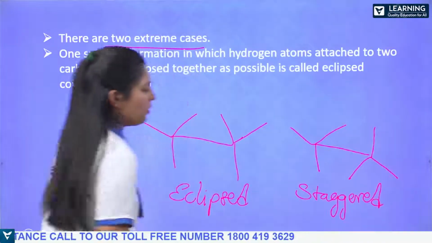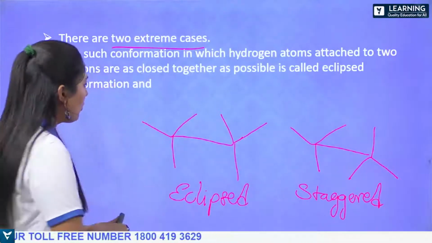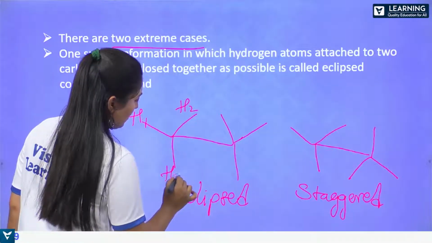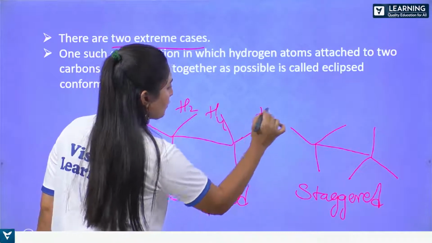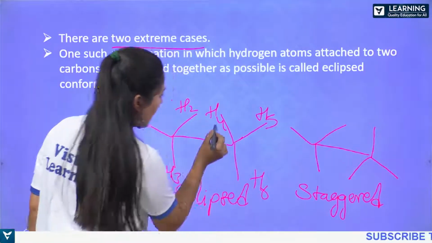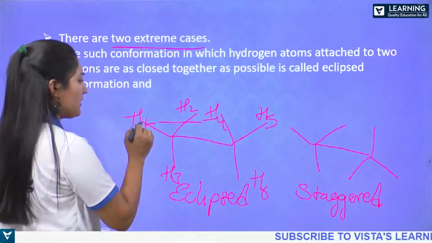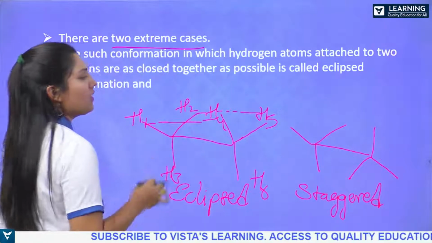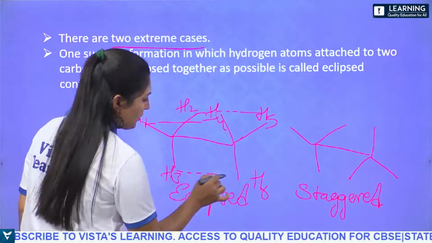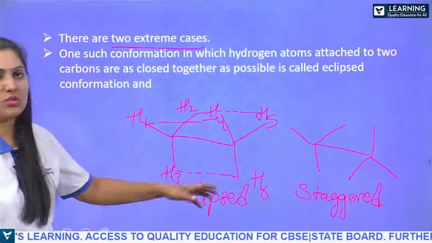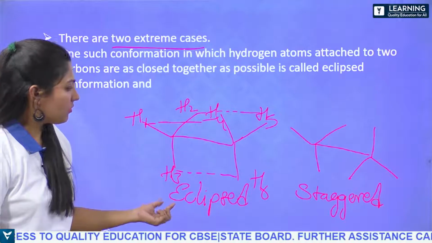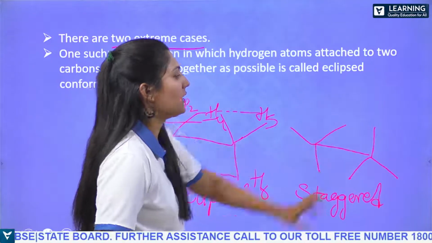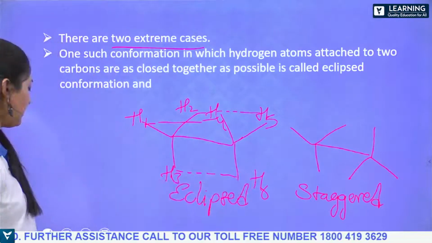So we have these two, where one is eclipsed: hydrogen 4 will be exactly behind hydrogen 1, hydrogen 5 exactly behind hydrogen 2, and hydrogen 6 exactly behind hydrogen 3. This pattern will be called eclipsed, whereas if they are exactly in the other way, we call it staggered.